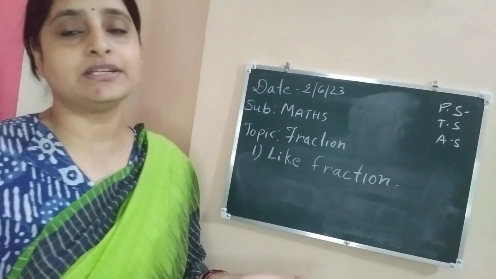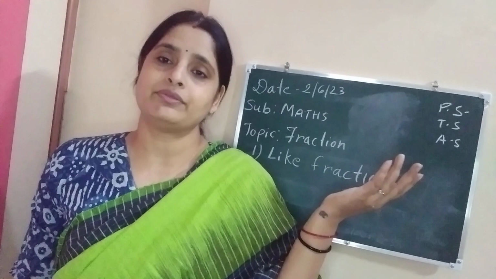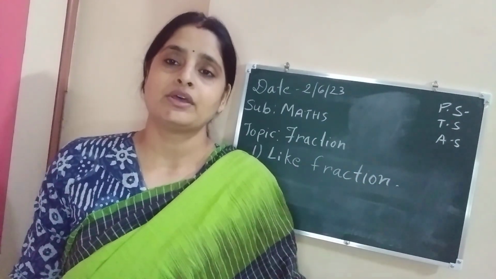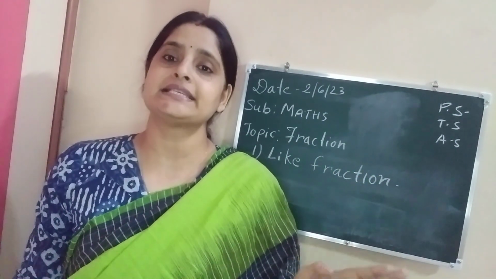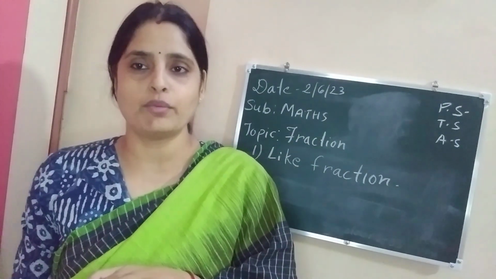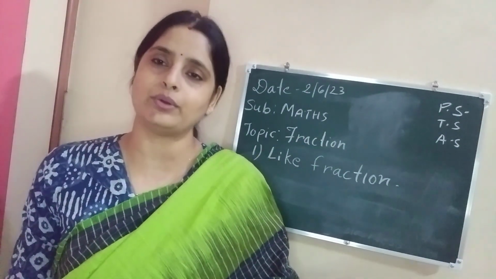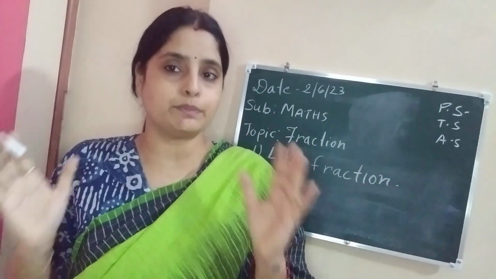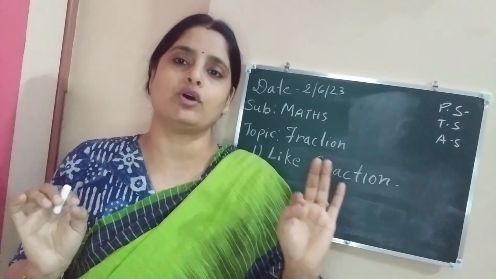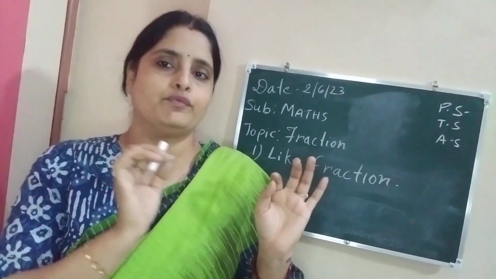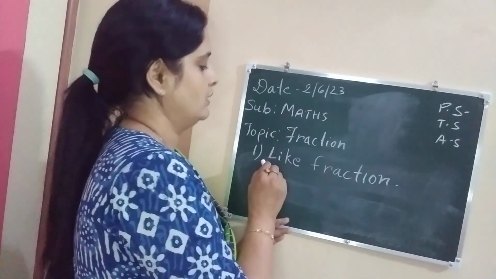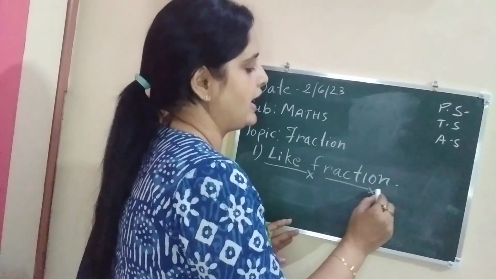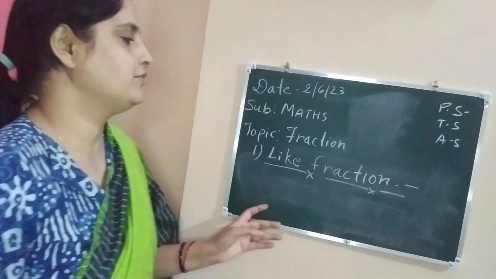And what is the like fraction? Like fractions are those fractions where the numerator is less than the denominator, because we all know the denominator is always big and the numerator should always be small. So that fraction we will call the like fraction.